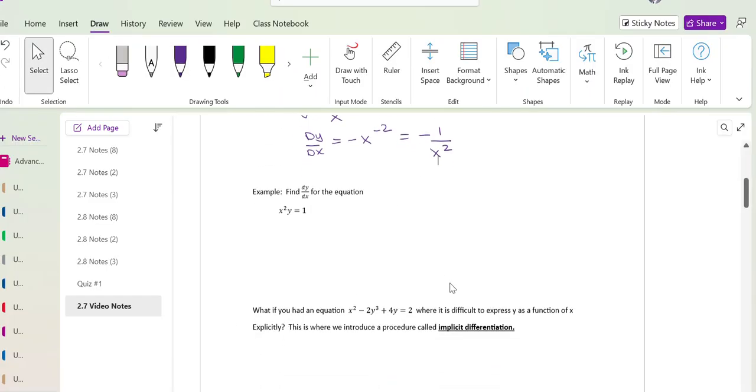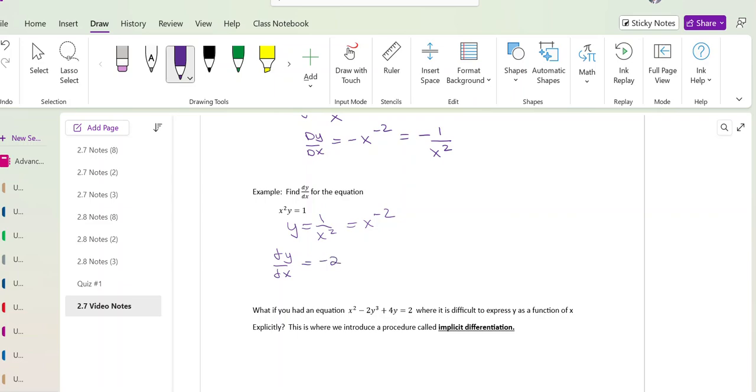So in this one, if I want to find the derivative of y with respect to x, I can divide, so I get 1 over x squared, which means it's x to the negative second. To find the derivative with respect to x, I make that negative 2x to the negative third, which is equal to negative 2 over x to the third.